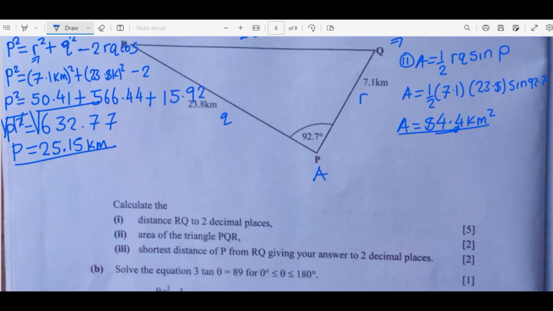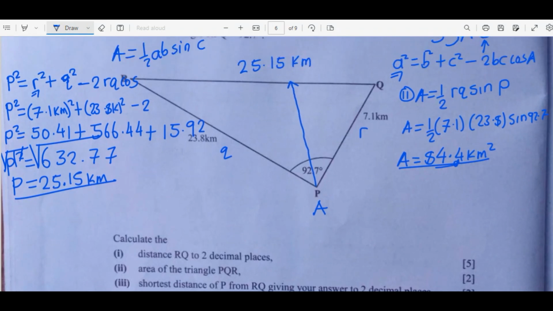Okay, so we move on to the shortest distance of P from RQ, giving your answers correct to two decimal places. So the shortest distance is, we want to move from P touching the distance RQ. The formula is shortest distance is equal to 2 times the area divided by the base.